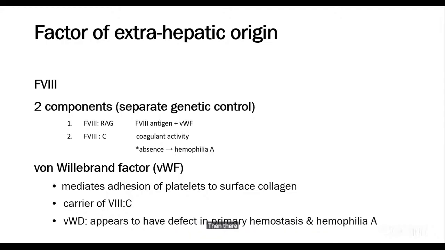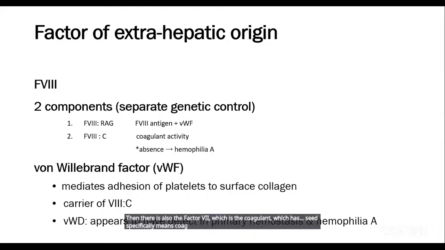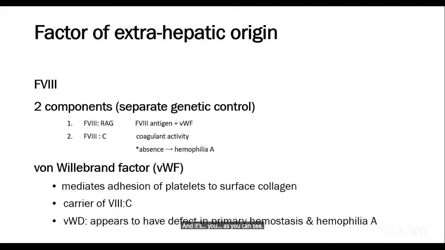Then there is also the factor 8C, which is the coagulant, where C specifically means coagulant activity. And as you can see, the absence of factor 8 results in hemophilia A. We'll discuss that when we're looking at the disorders.